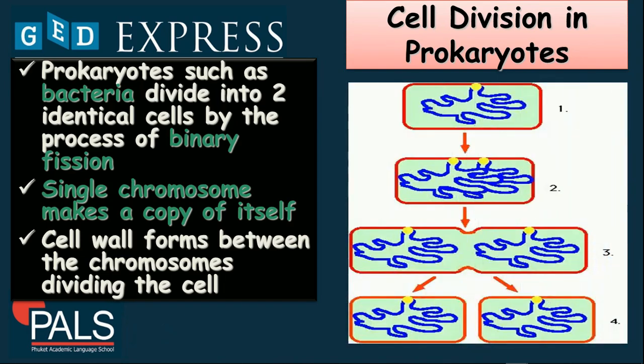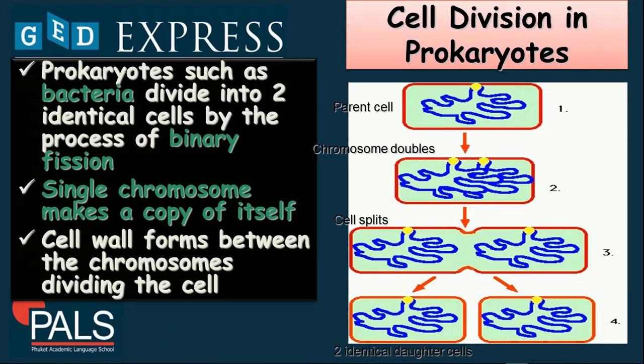For example, we have here this illustration. As you can see, we have a single-celled organism that is a bacterium, and then on the next page it was divided into two, and there is a cell wall, the alignment that you have there in blue, and then it separates to form two new identical cells.